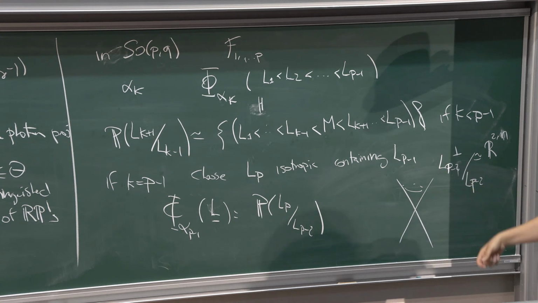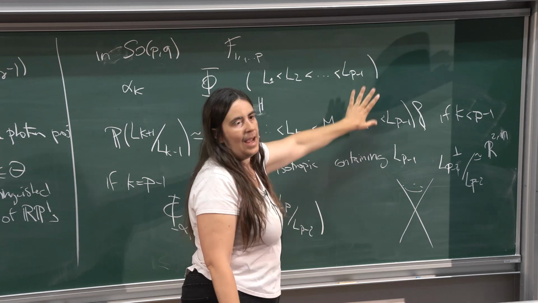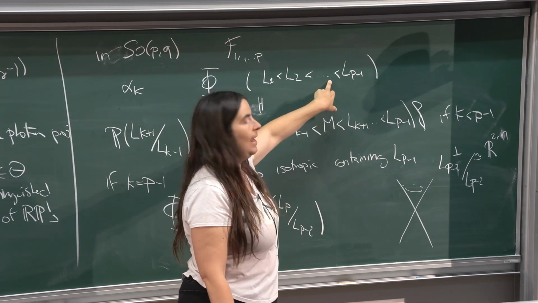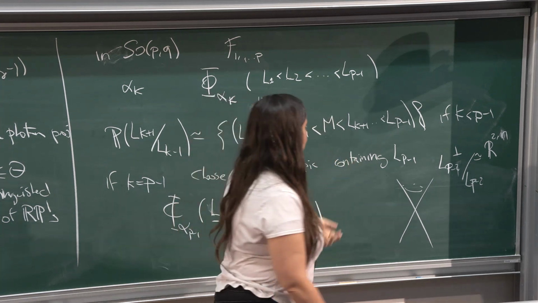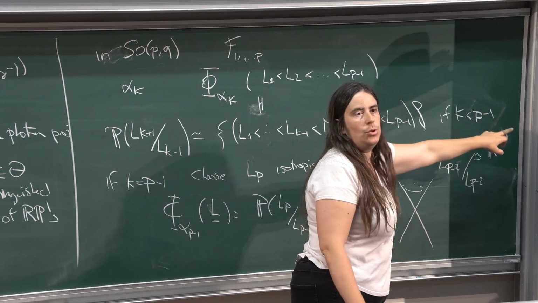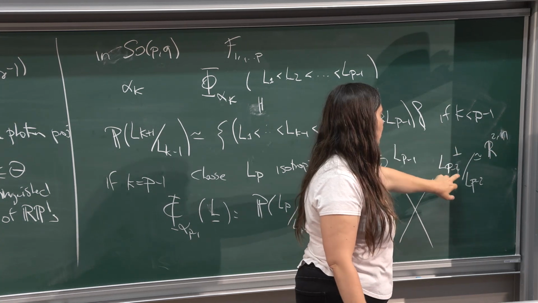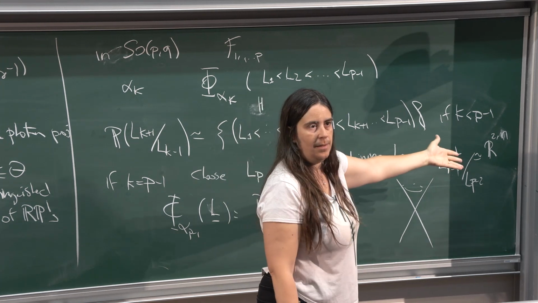I had this point L1 up to LP minus 1. I take this guy, and I can consider this space of signature 2n, which is the quotient of the orthogonal of the last guy that I had, modulo the last guy.